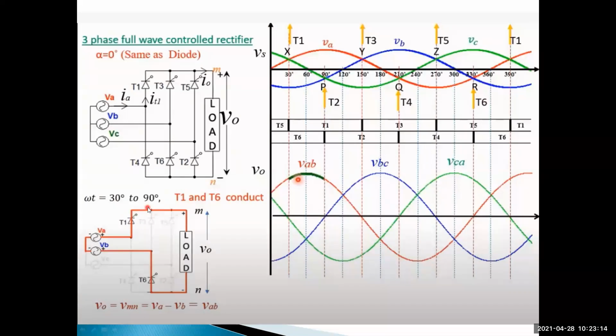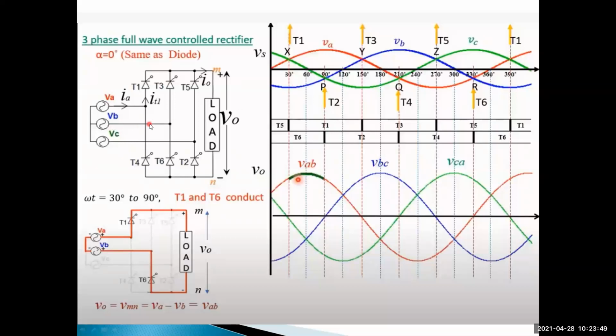Here, try to consider that T1 and T6 are forward biased in this duration, 30 degrees to 90 degrees. Thyristor T1 is forward biased for the positive VA phase, and thyristor T6 is forward biased for the negative B phase.